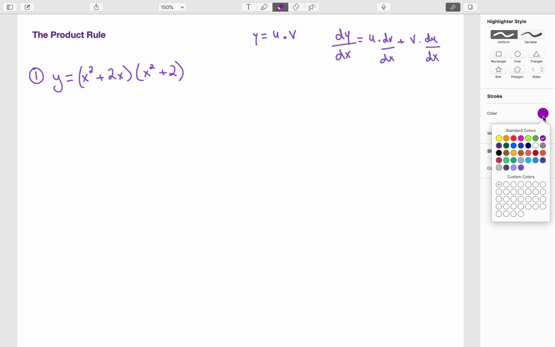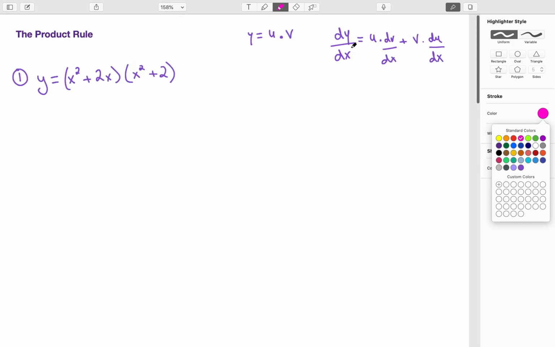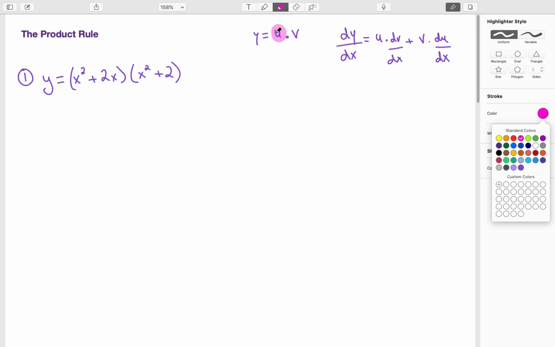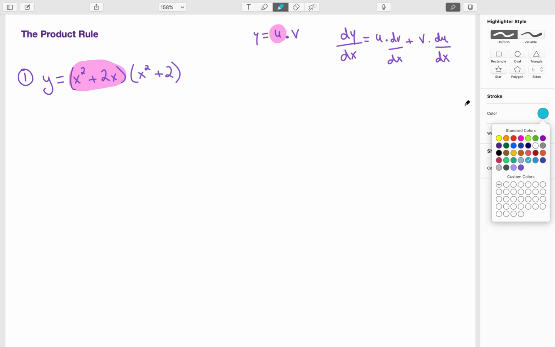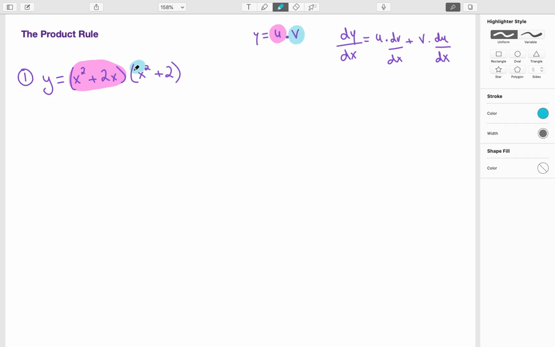Well, the product rule tells us that when we multiply two things together, u is the first one, in our case x squared plus 2x, and v is the second one, in our case x squared plus 2.